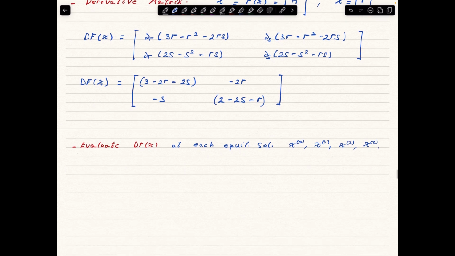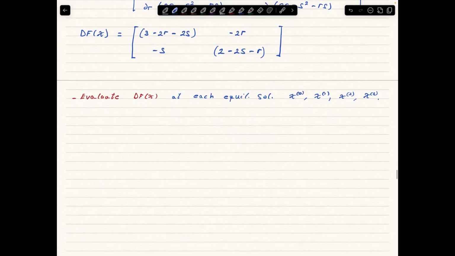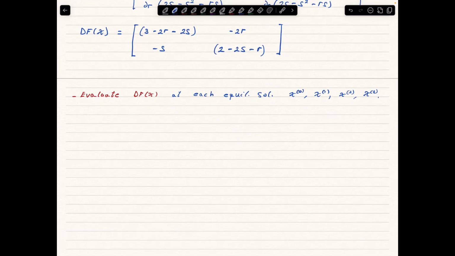So we can do it slowly, but here is the result, and you can check whether this is correct or not, but hopefully it is correct. The derivative at the point 0, 0, it is easy to see that we are going to get a 3, then a 0, then a 0, and then a 2.